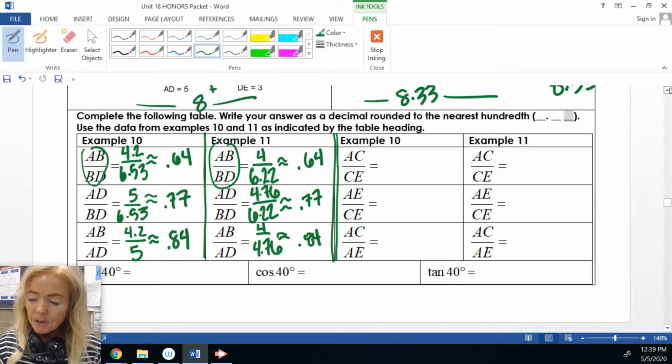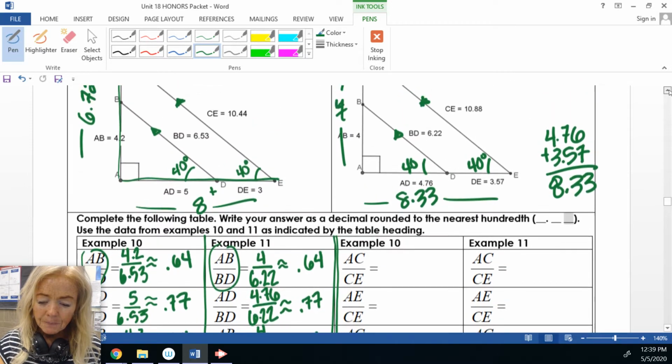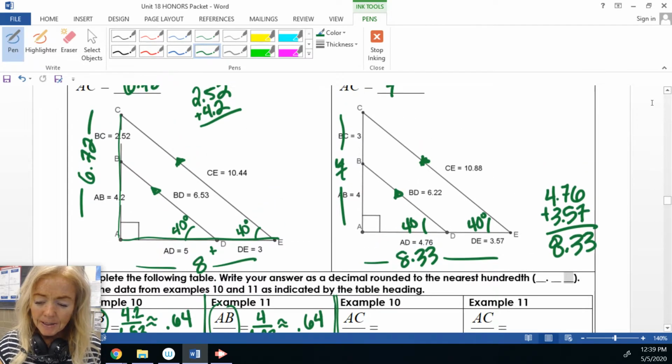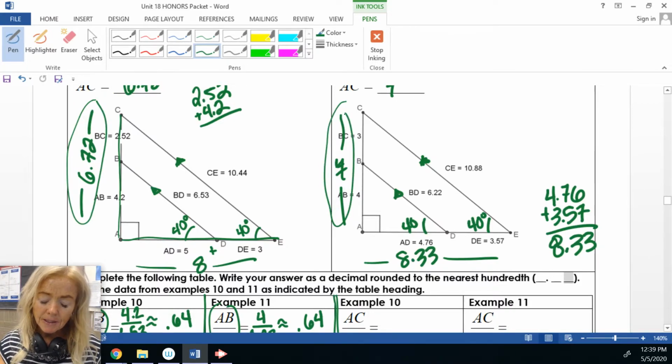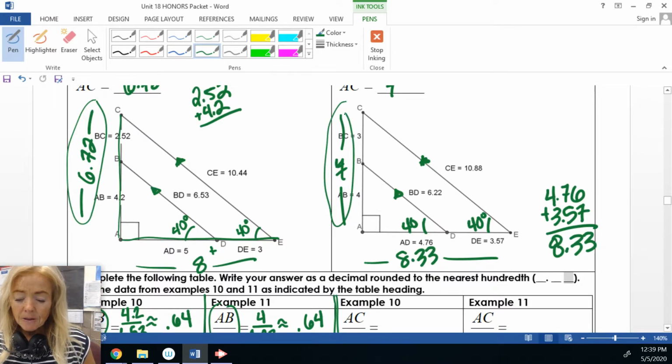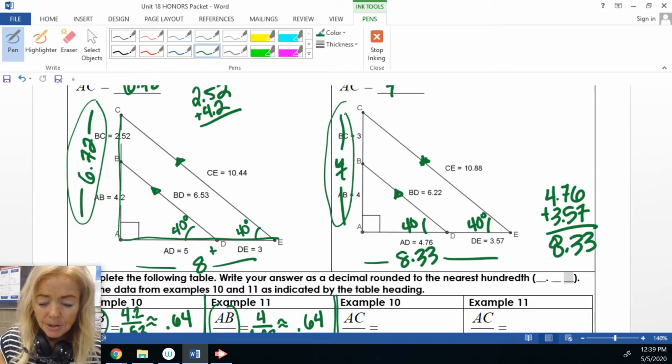So when you're looking up here at the triangles, you notice that they are different sizes. This side is 6.72, this side is 7, that's one side of the larger of the two triangles. Though the angles are going to be the same, they are similar by angle similarity, their side measures are a little bit different.